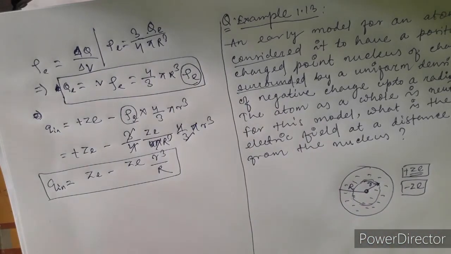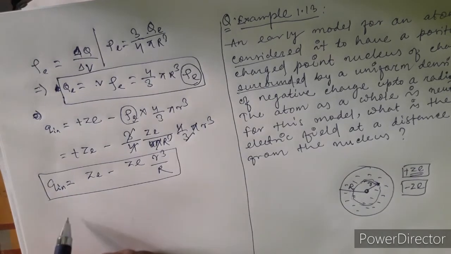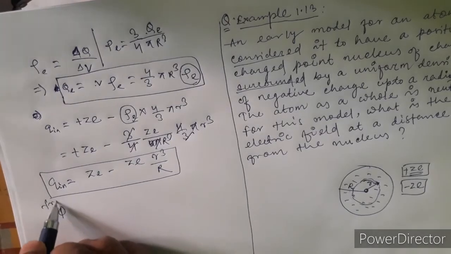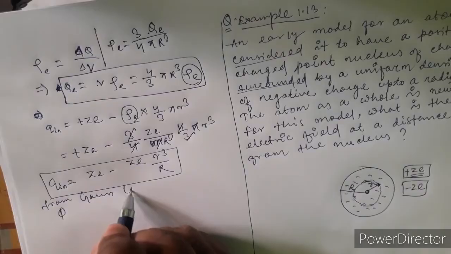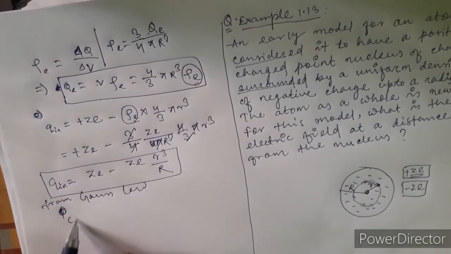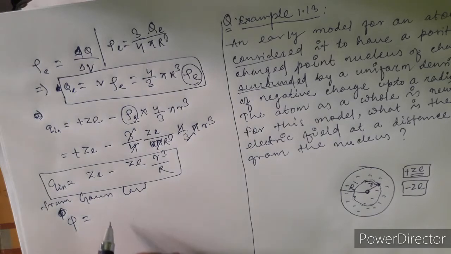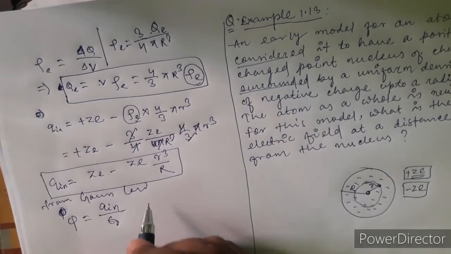Now what is Gauss law? Gauss law says that the total flux linked with the surface will be equal to Q inside by epsilon naught. What is Q inside?